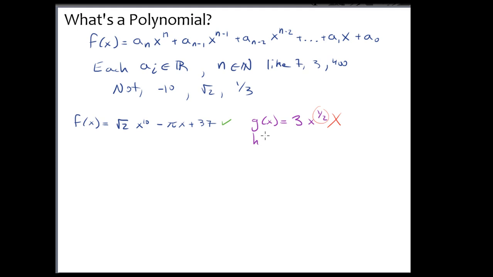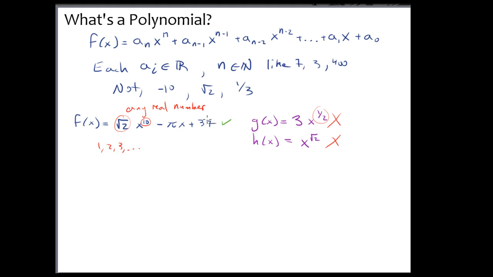Same thing with h of x is equal to x to the square root of 2. Once again, that can't be possible. We have to have these natural number 1, 2, 3 powers of x. But the coefficients, any real number. Positive or negative is just fine for those coefficients.